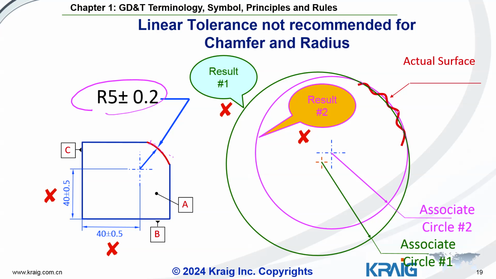Then we touch a lot of points, and then we associate, or construct, a circle. Then we get the diameter, and then we get the actual radius. So you may notice the process is like this. First, you touch the points. Second, you construct a big circle, and then you get the center. Then you get the radius.